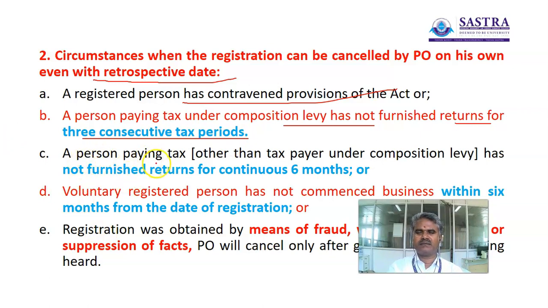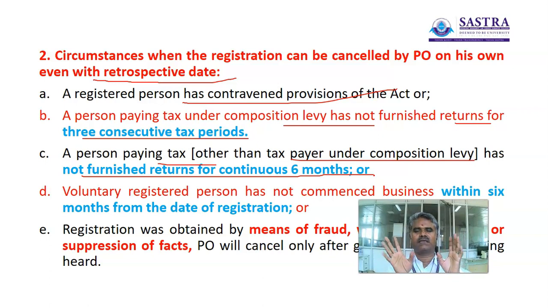A person paying tax other than a taxpayer under composition levy has not filed returns for a continuous 6 months. Because here, once you are registered, you have to file a monthly return, quarterly return, half-yearly return, and finally an annual return. You will see all those things in returns, Unit 5. Okay. So, once you are registered, you have to file returns properly.